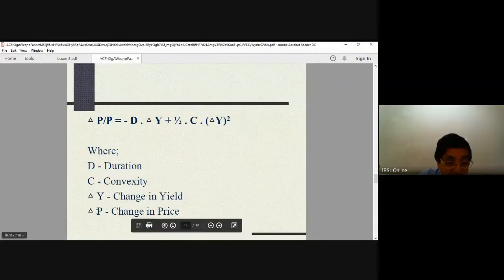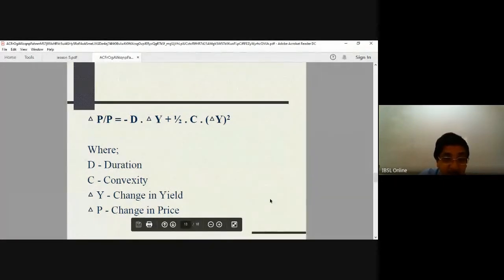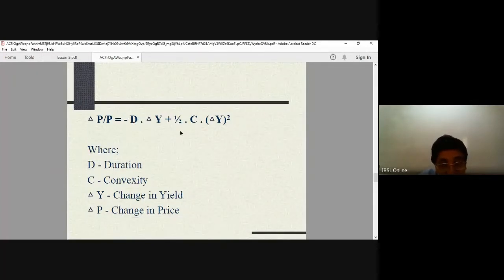Now here delta P is the price change. Right, okay. Now we got to know these values. D we have already calculated, that is duration. C is also calculated, that is 7.57225. And we have got the value of P also.